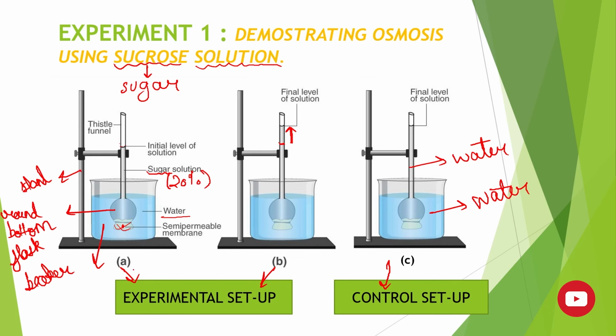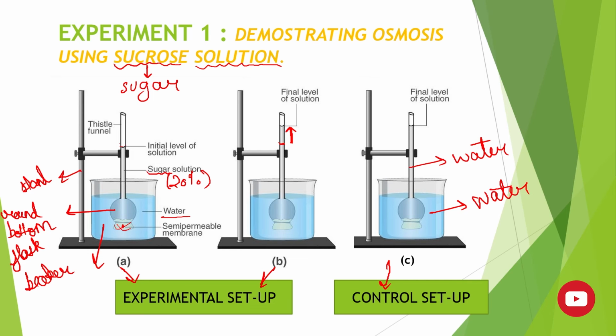What is happening in the experimental setup? First of all, we have taken a round bottom flask, a beaker, 20% sucrose solution, a thistle funnel, and a semi-permeable membrane. These are the materials of the experimental setup. We have taken 20% sucrose solution inside the round bottom flask and water in the beaker.